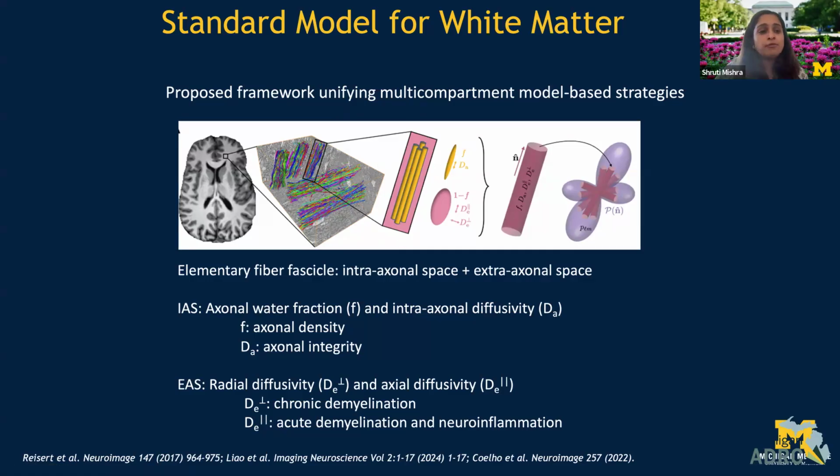Using a ball and stick type model for the intraaxonal space, we can get parameters of intraaxonal volume fraction, or F, which is a measure of axonal density, and the intraaxonal diffusivity, in other words the diffusion signal within one of these axons, which is a measure of axonal integrity.